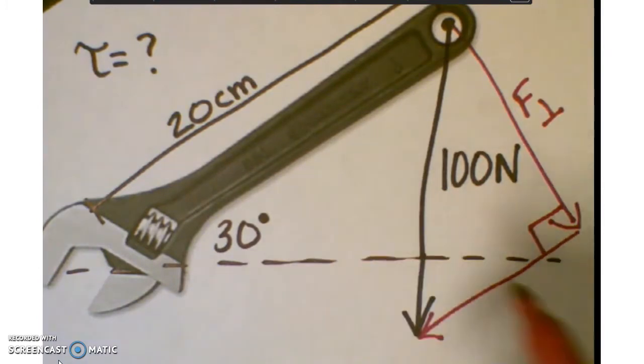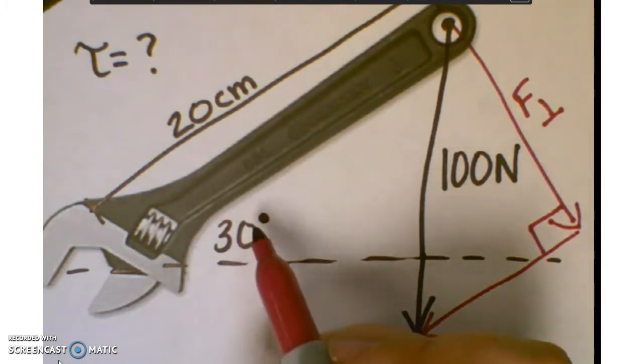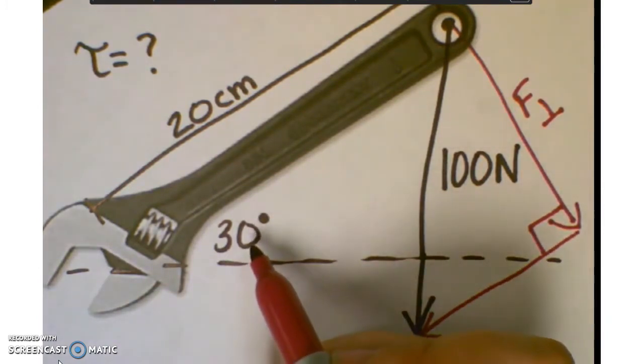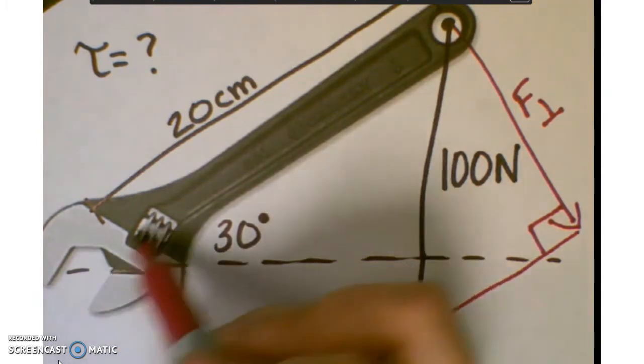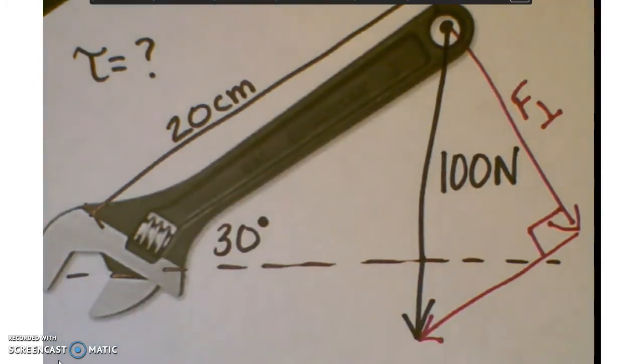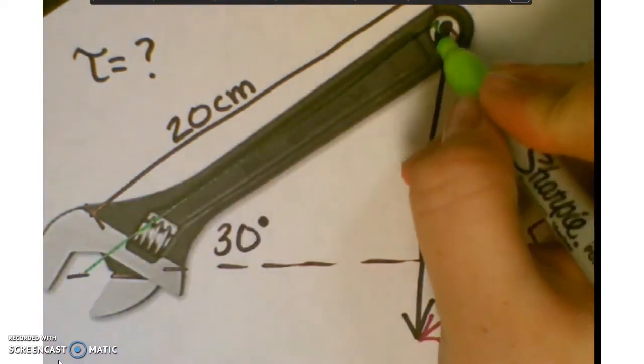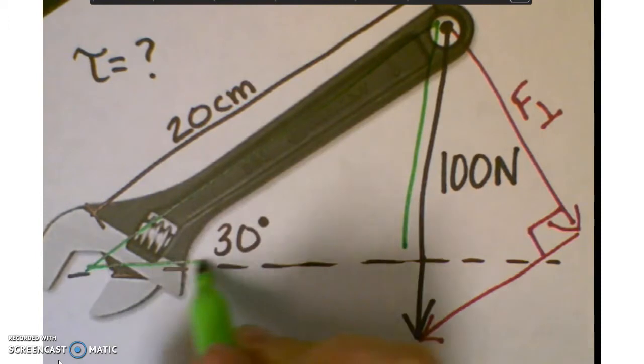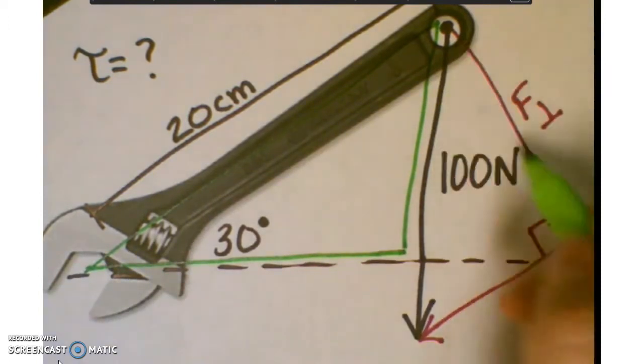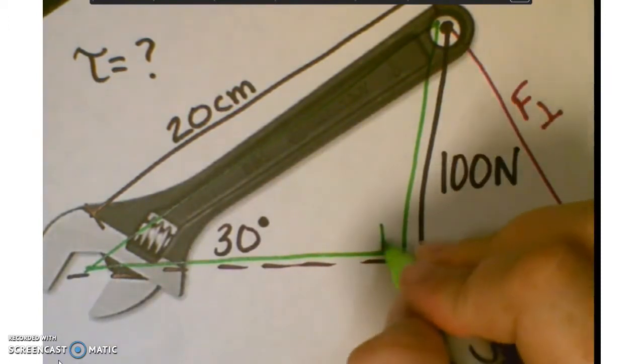Now, here's where geometry comes in for us to find our angle. If this is 30 degrees, here's one triangle. Let me just highlight my other triangle here. Here's one triangle, and here's another right triangle.